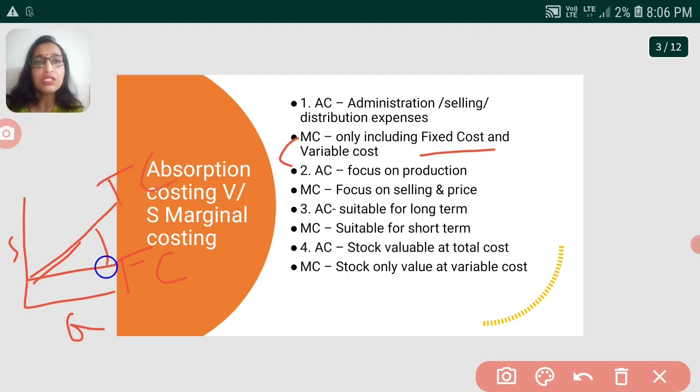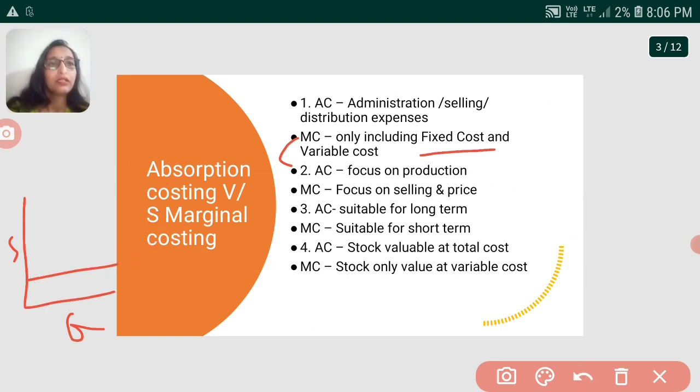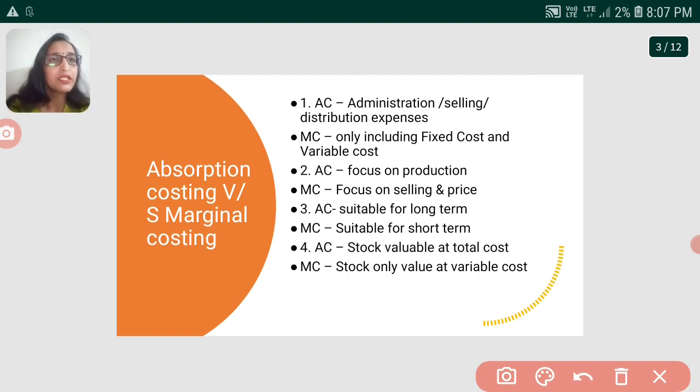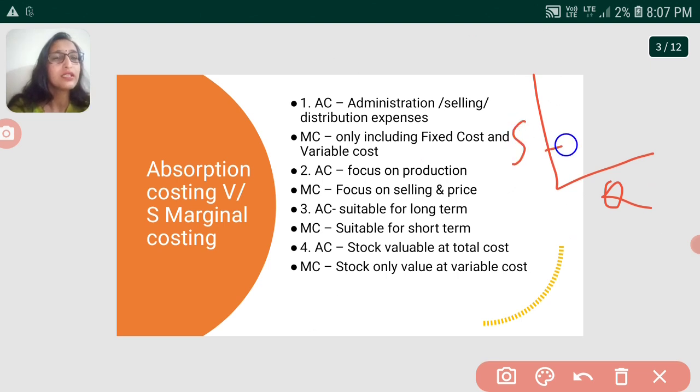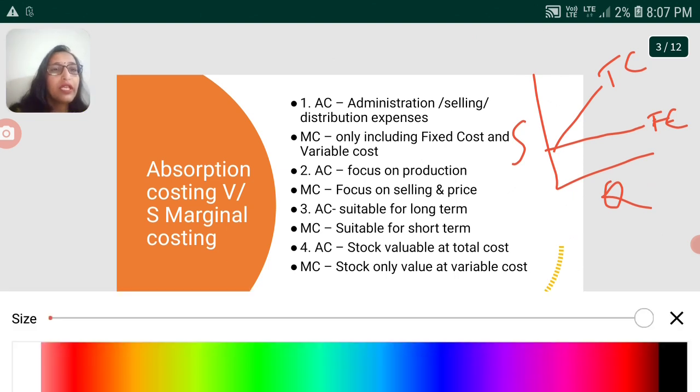The area between the total cost and the fixed cost is called the variable cost.